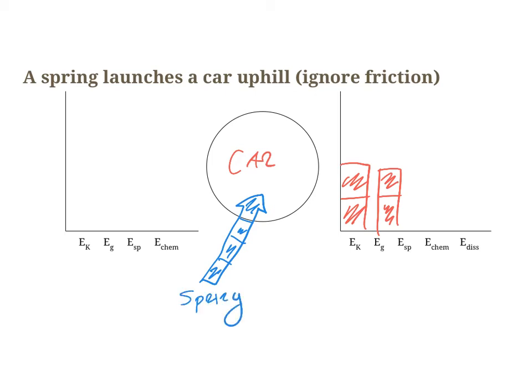So when I go to write my energy equation here, initially I had no energy, plus the work of the spring will give me kinetic energy and gravitational energy. So that's my equation for this particular example.